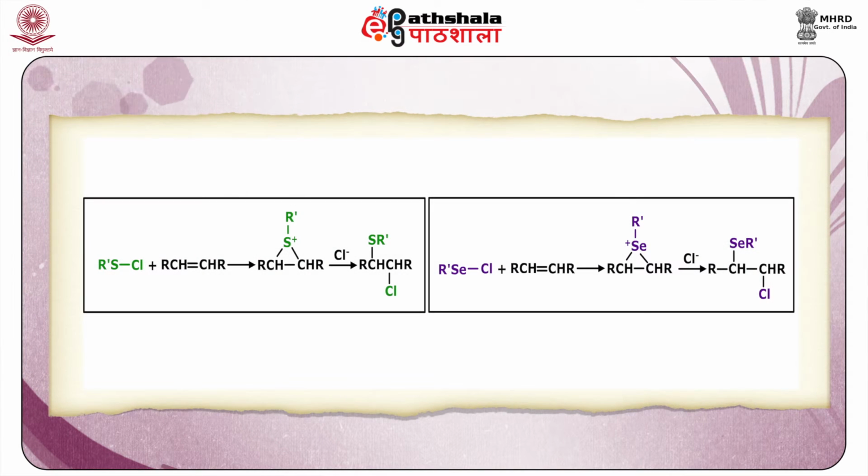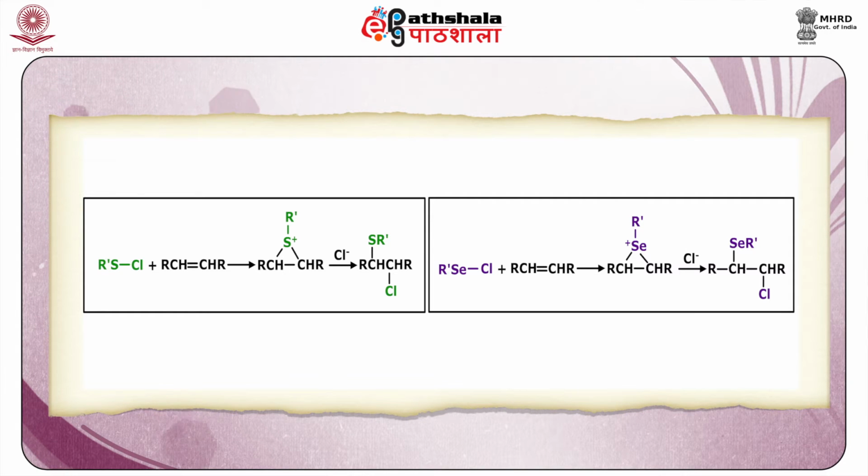Compounds of the general formula RSX or RSeX, where X is a more electronegative element than sulfur or selenium respectively, can undergo addition with alkenes and involve a bridged intermediate, as you can see here.